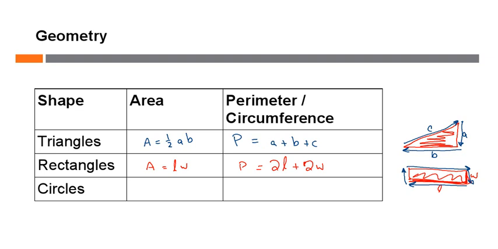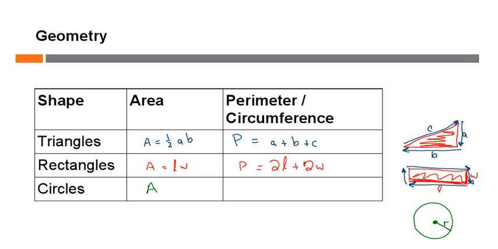Lastly, if I had a circle, I could talk about the space inside the circle, the area of the circle. Generally, when we talk about circles, we're given the radius, which starts at the center of the circle and goes to the edge. Sometimes we have the diameter, which would go all the way across the circle through the center of the circle, so it'd be twice the radius.